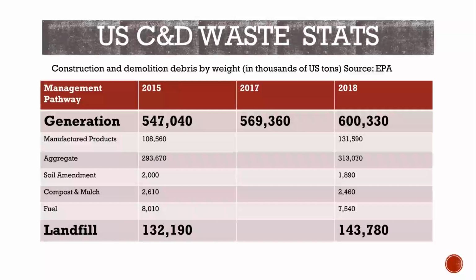But a lot of that material is concrete and asphalt, and you can see underneath how certain materials get repurposed, not necessarily reused, but repurposed or ground up into aggregate or downcycled, when we're talking about concrete.